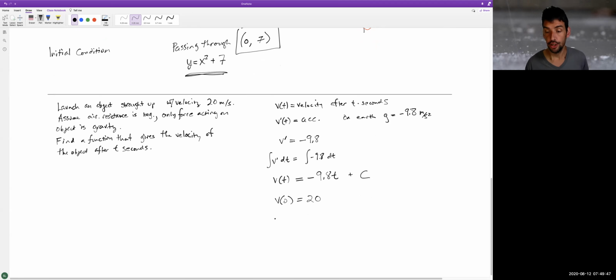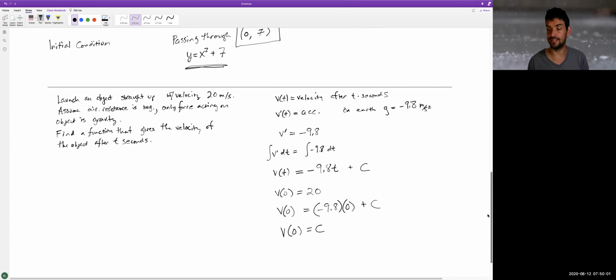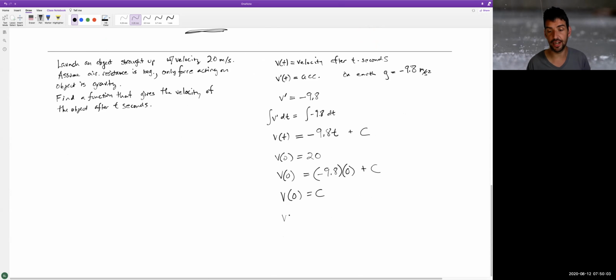Okay, so v of 0, however, is negative 9.8 times 0 plus c. So v of 0 is just equal to c, which means that c equals 20. And so we get our particular solution, negative 9.8 t plus 20.